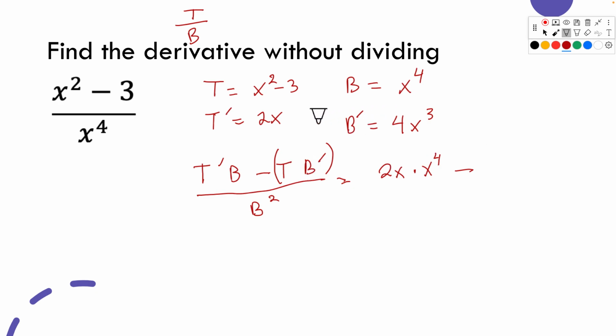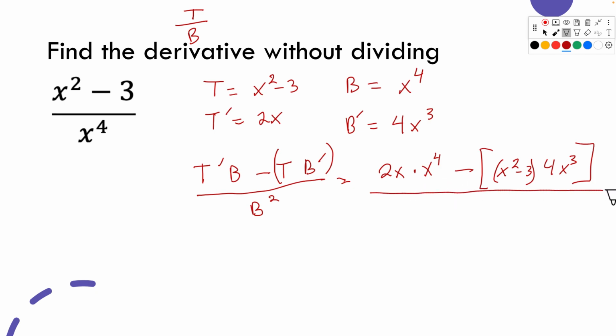So the top is x squared, so I'm going to put this here. x squared minus 3, in small parentheses, and the derivative of the bottom is 4x to the third. And then, so that's the top. The bottom is going to be the bottom squared. So that's x to the fourth squared.